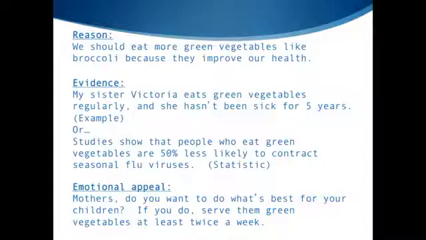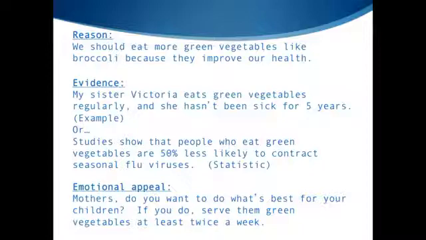So another piece of evidence you might use would be something like a statistic, some data, case studies, etc. So an example of a statistic would be to say something like, studies show that people who eat green vegetables are 50% less likely to contract seasonal flu viruses. So that's another totally made up statistic, but it proves the idea here, that a statistic is a kind of evidence.